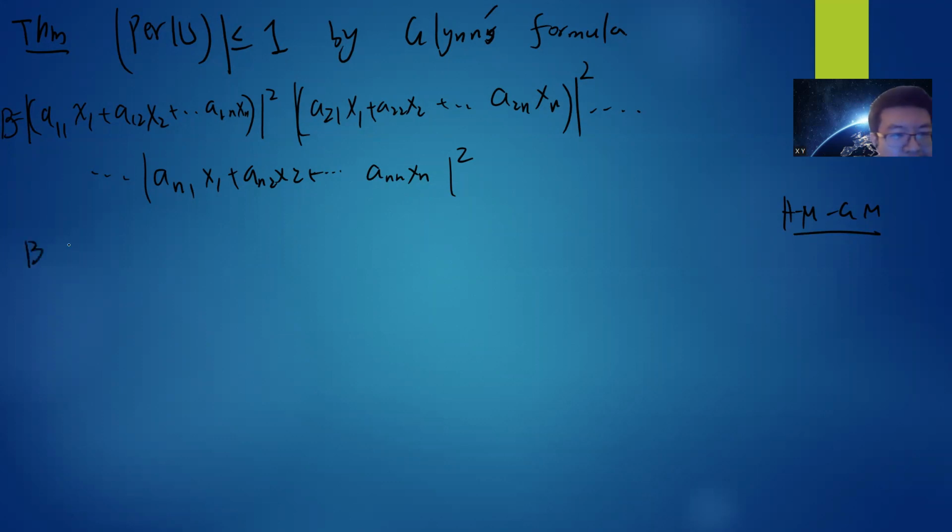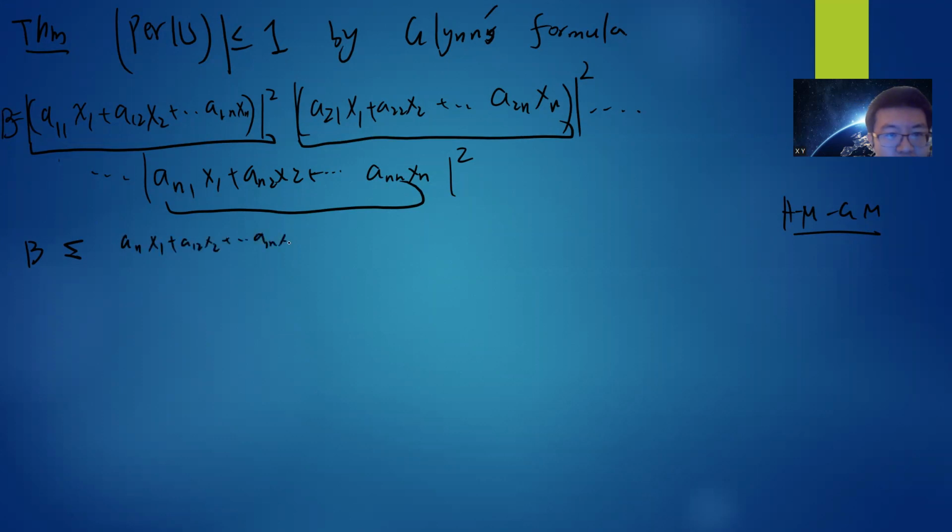So B is bounded by the sum of these: A11 x1 plus A12 x2 up to A1n xn, squared, plus A21 x1 plus A22 x2 up to A2n xn, squared, plus AN1 x1 plus AN2 x2 up to ANN xn, squared.